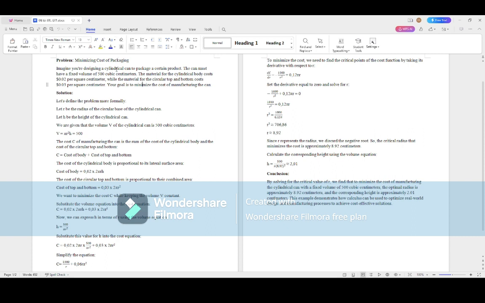First of all, defining variables and constraints. We have radius r here, we have height h here, and we are given that the volume V of the cylindrical can is about 500 cubic centimeters. So we have the equation here.